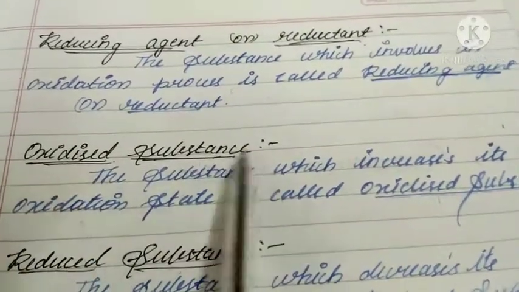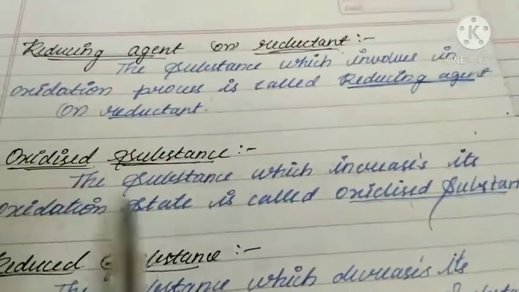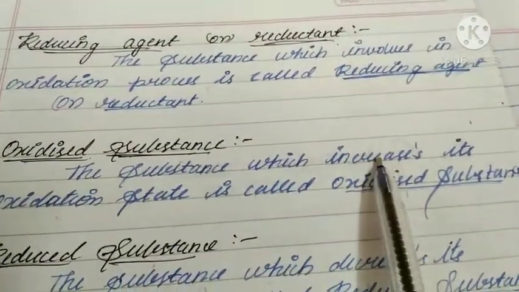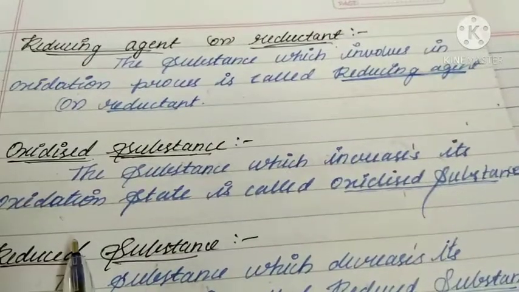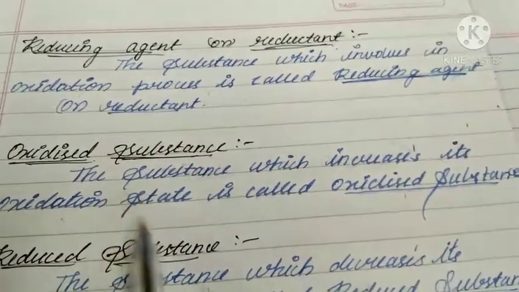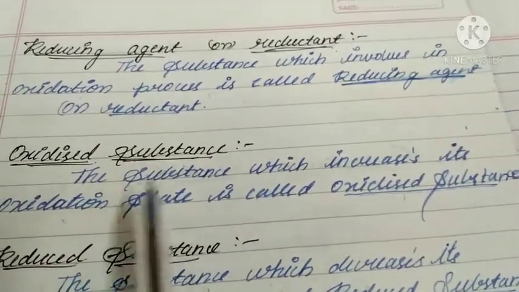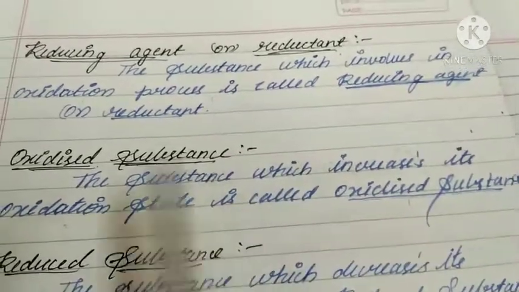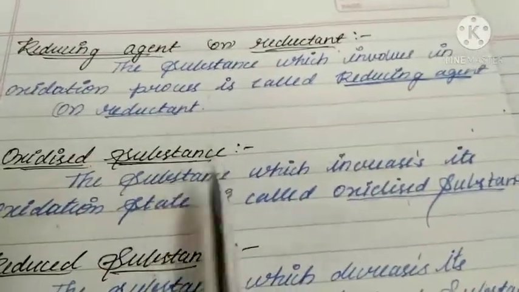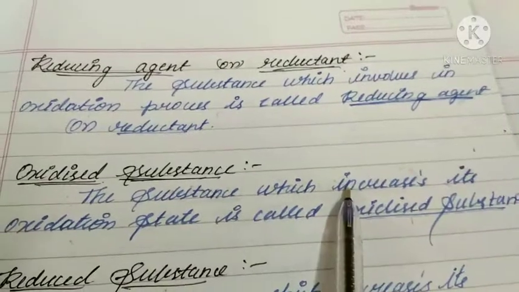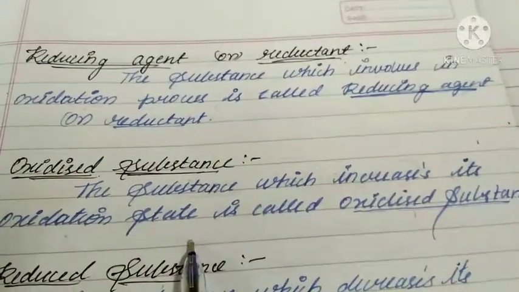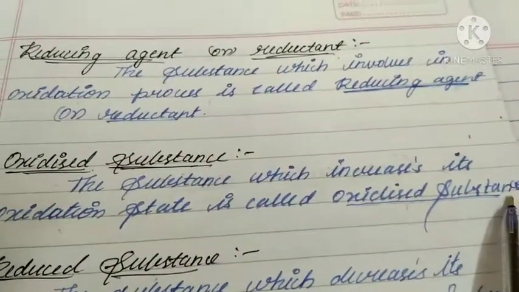Now, oxidized substance. Oxidized substance means the substance which increases its oxidation state, not another substance's oxidation state. The substance which increases its oxidation state is called the oxidized substance.